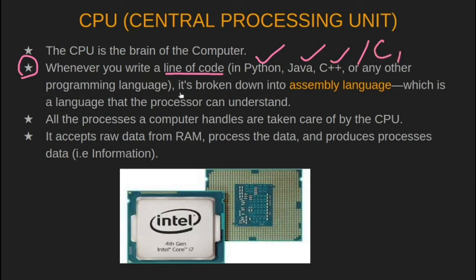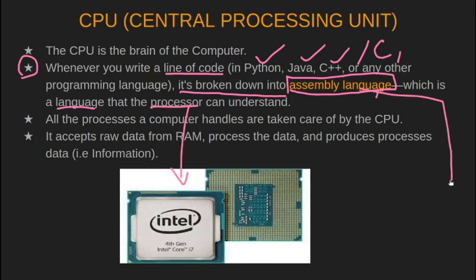All these lines of code which we write get broken down into something which is known as an assembly language. Now, this is a language that our processor over here can understand. It means that this processor which we are seeing over here only understands an assembly language.